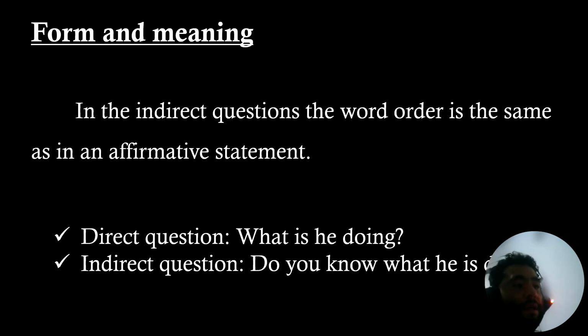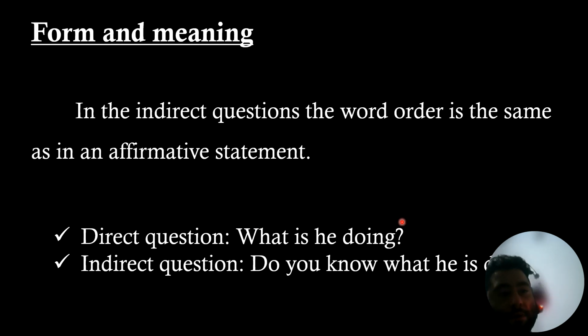Okay? In the case of the indirect question, we need to keep the word order the same as in a positive sentence. Okay? One strategy that you can do is to imagine how to answer the question. Sorry, because in this case the camera is in the indirect question example, but for example we have the direct question.